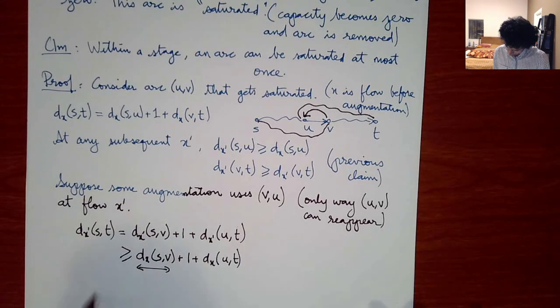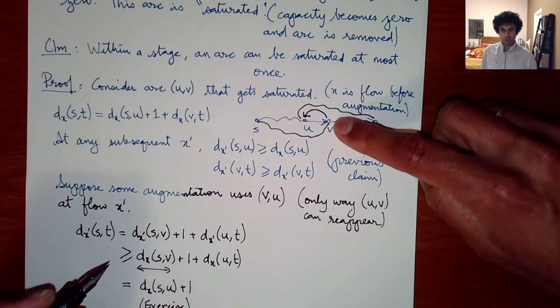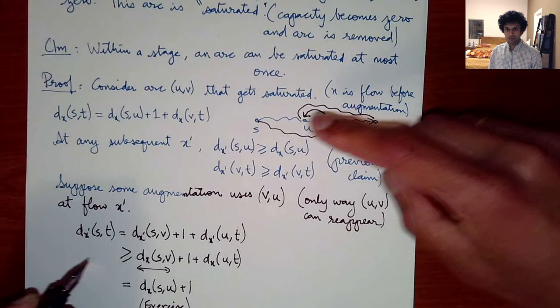Now dx(s,v), I can replace by dx(s,u) plus 1. That's an exercise. It's basically because in x we used shortest paths. The path given here was the shortest path.